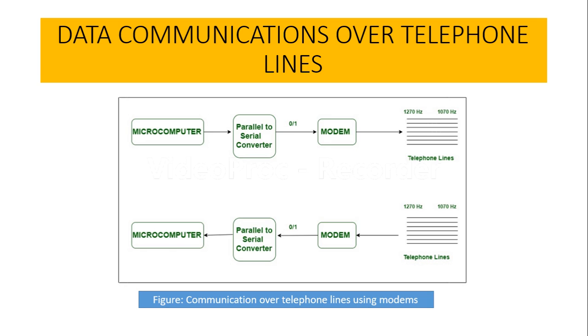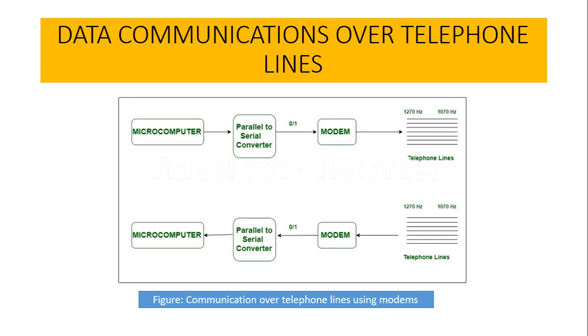After that we have a modem. This modem converts the digital data, which is in the form of 0 and 1, into audio tone frequency, so that you can transmit it over the telephone line. On the receiver side, the data being received is first accepted by the modem, which converts the audio frequencies into digital data.